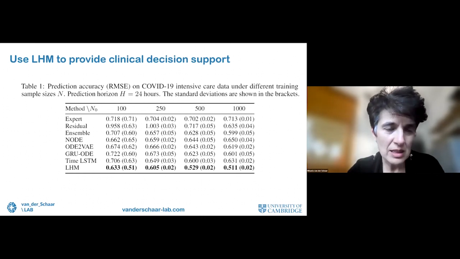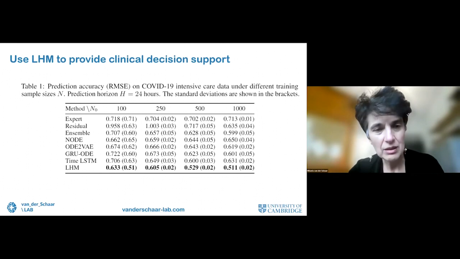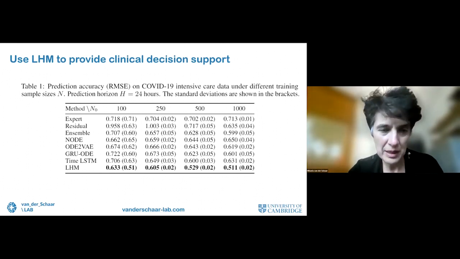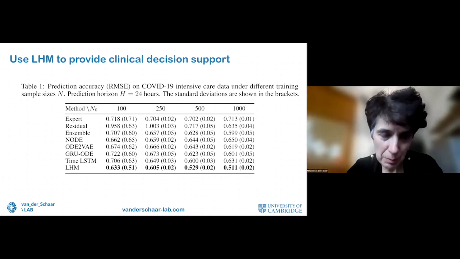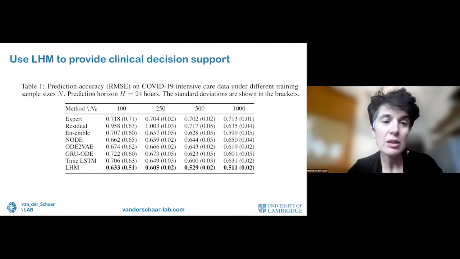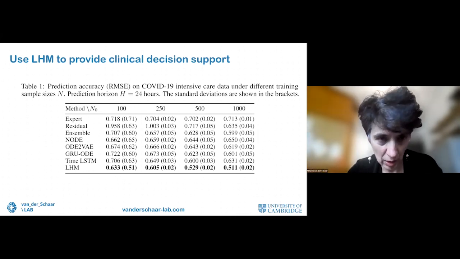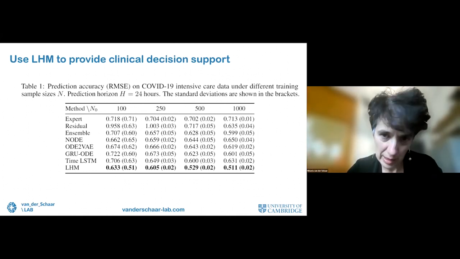And what you can see is that this latent hybridization model, which combines the already available knowledge from pharmacology with the machine learning model information, leads to significant performance improvements over conventional machine learning models alone or expert models alone.